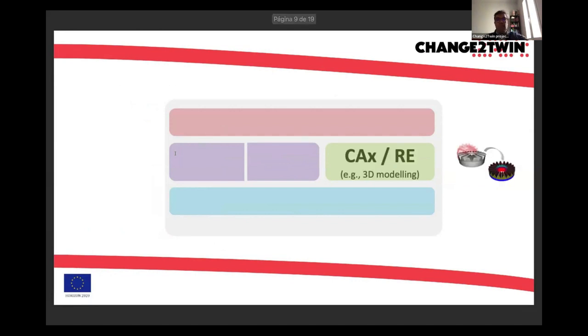So first of all, as I said, we need to model real things. To do so, we are going to use any sort of computer-aided technology: computer-aided design, computer-aided engineering, computer-aided manufacturing, and also reverse engineering processes.